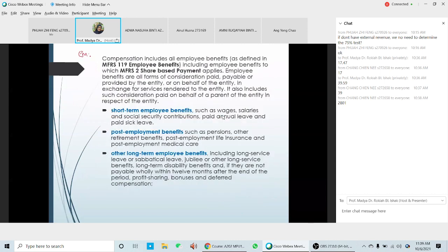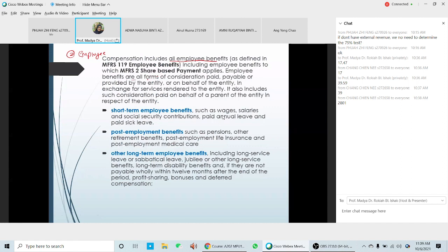For the employees, remember that the second group of individuals considered as related party here is the employees. This is related with compensation, which includes all employee benefits, including the benefit from MFRS 2 share-based payments.